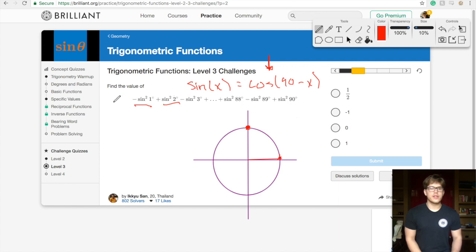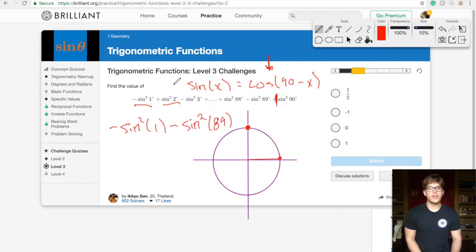If we started at 0, sine of 0 degrees, I would pair it with the sine of 90, but let's just cut this one off for a minute. I can pair the minus sine squared of 1 and the minus sine squared of 89.